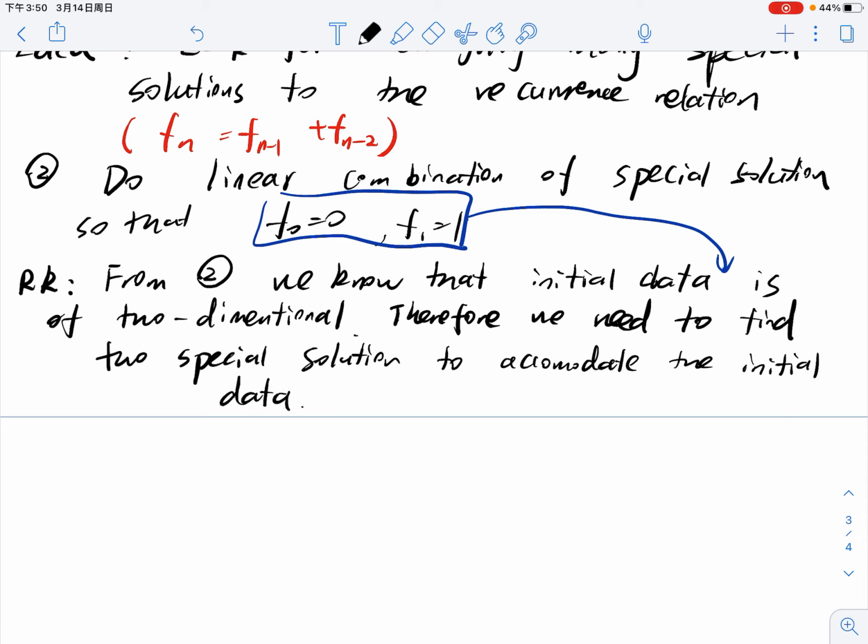This is because we want to match up with the initial data, therefore you need to have two solutions. This is also a fact due to linear algebra. Whenever you need to solve two equations, you need to have two variables.